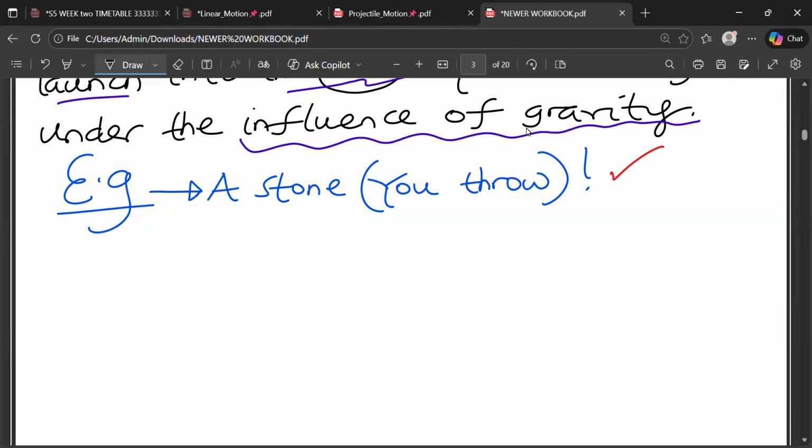When a ball is just there, it's not a projectile. So when they ask you for examples of projectiles and you say a ball, you're wrong. But when you say a ball kicked into the air, that's the projectile.